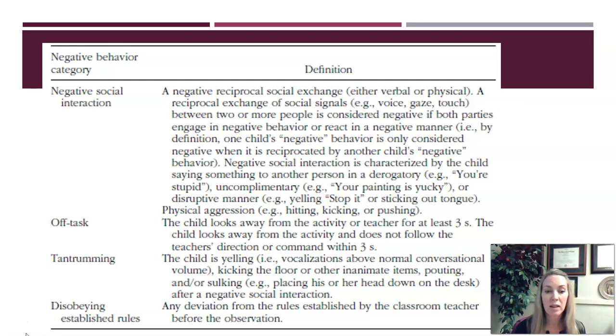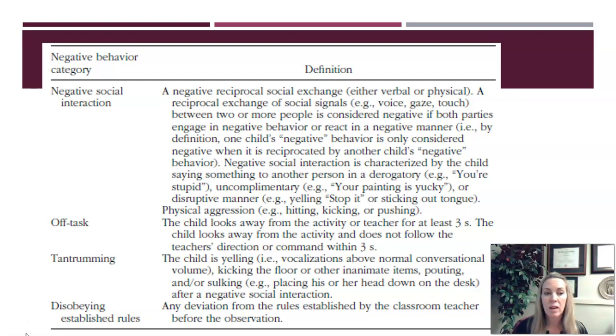The child looks away from the activity and does not follow the teacher's direction or a command in 3 seconds. They define tantruming as a child yelling, kicking the floor or other inanimate objects, pouting or sulking, and it gives examples both of yelling and sulking. Disobeying established rules, any deviation from the rules established by the teacher before the observation.